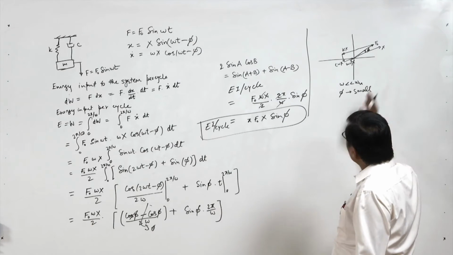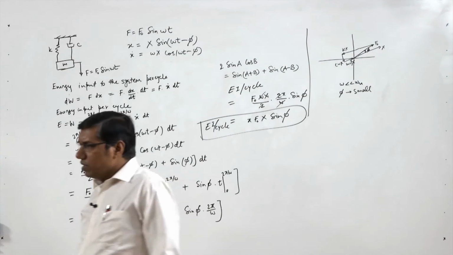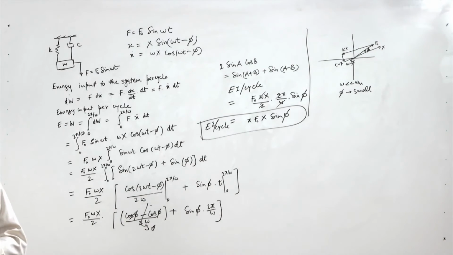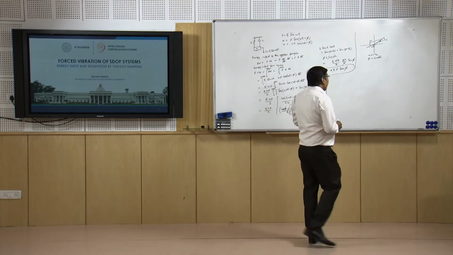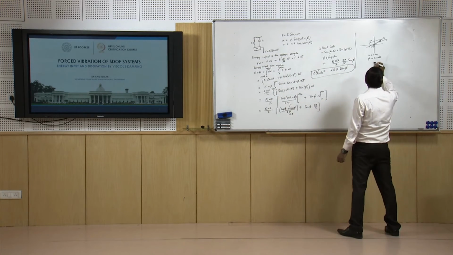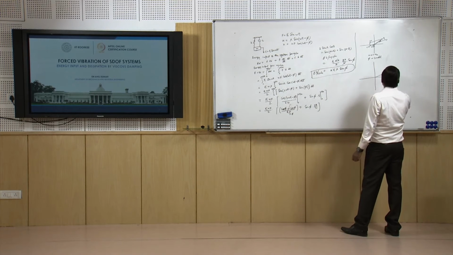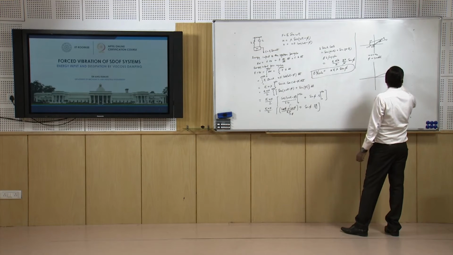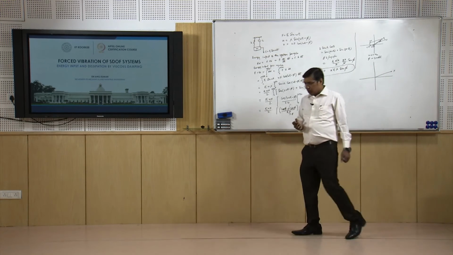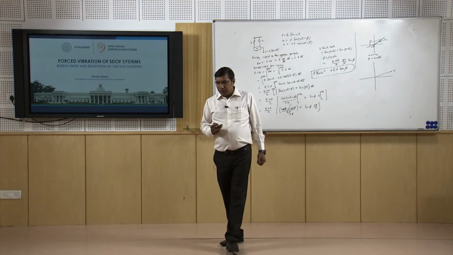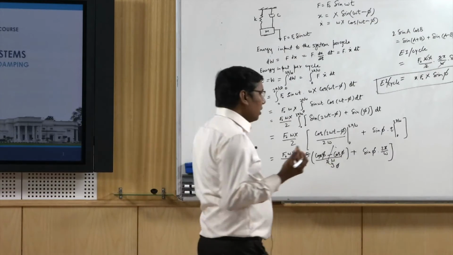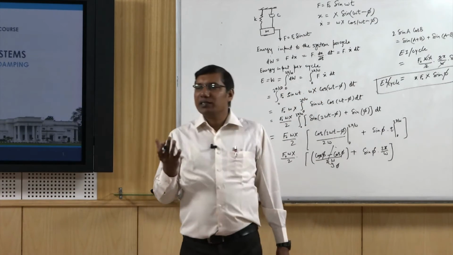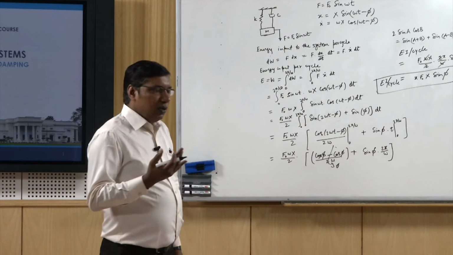However, when we come to the resonance condition, when omega equal to omega n, let's take the resonance condition. So this is x. Now in case of resonance, as we remember, the phase angle is 90 degrees, which means the angle phi between x and f is 90 degrees.